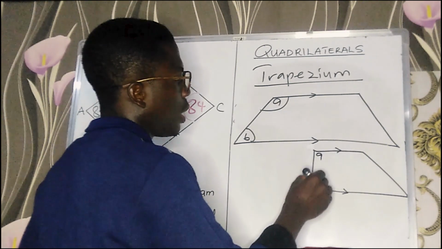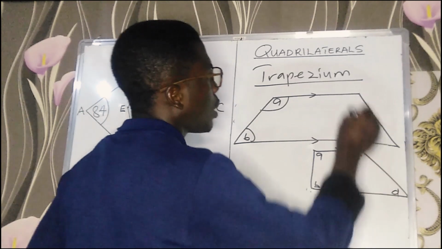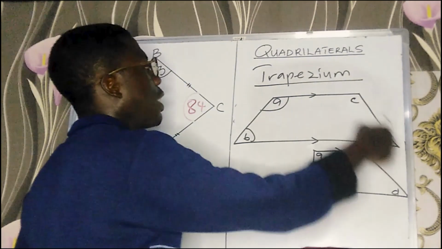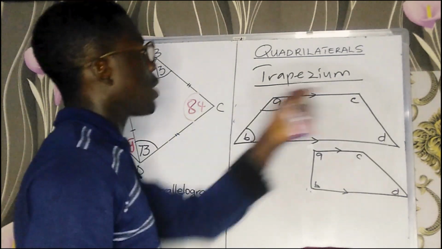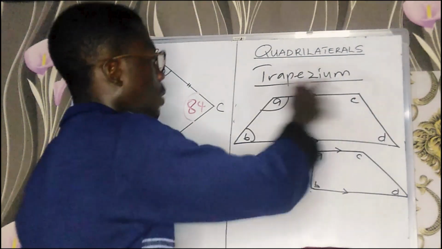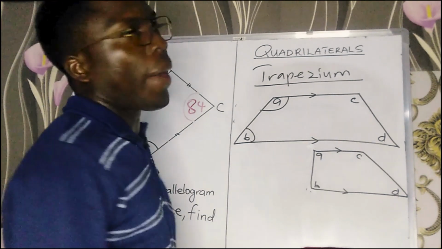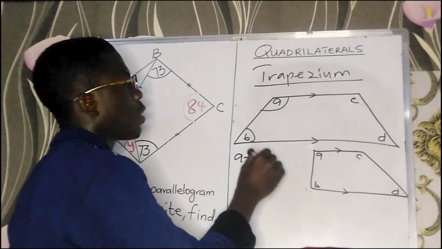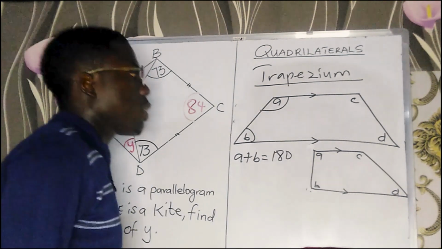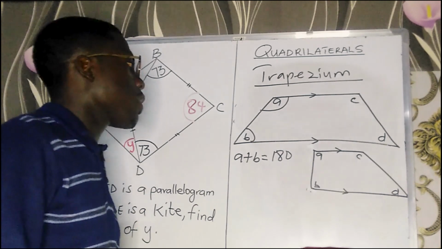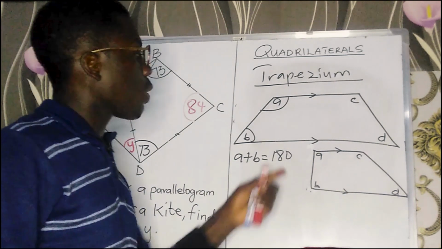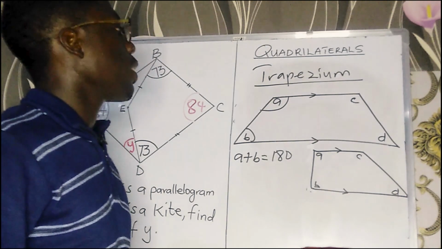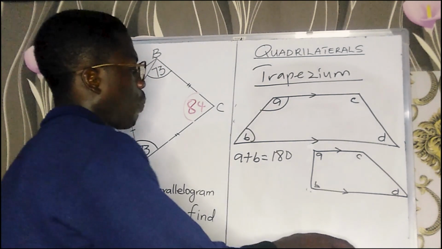So A, B, C, D. One pair of its opposite sides are parallel. Good. And after that we have A plus B is equal to 180. This is because co-interior angles add up to 180 degrees. Good. And that is all for trapezium.